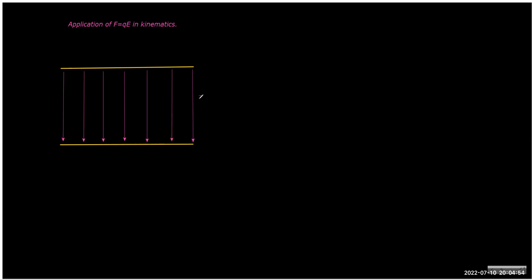Now this is representing some uniform electric field E. The E is constant. The plate gap is given as, let's call it H. The length of the plate you can call L. And a charged particle exactly at the midpoint, and the charged particle is positive.